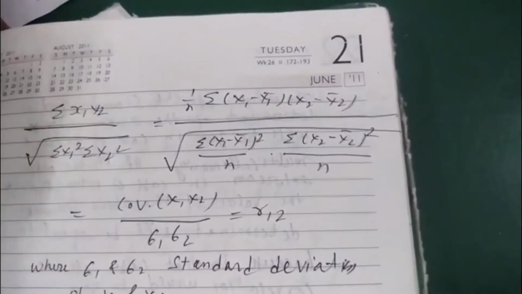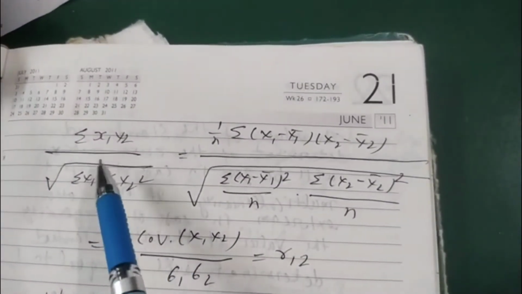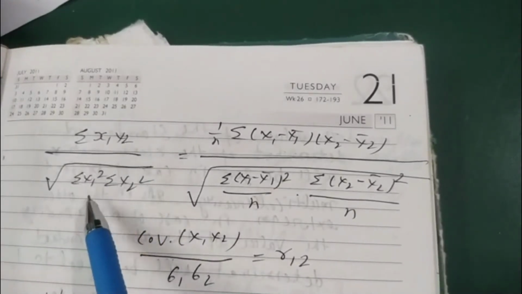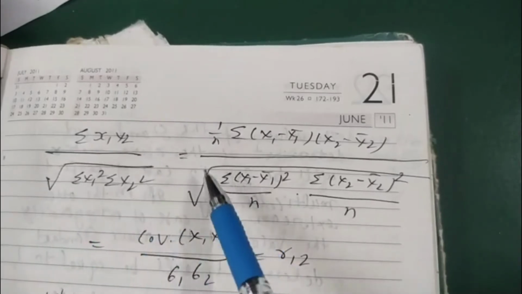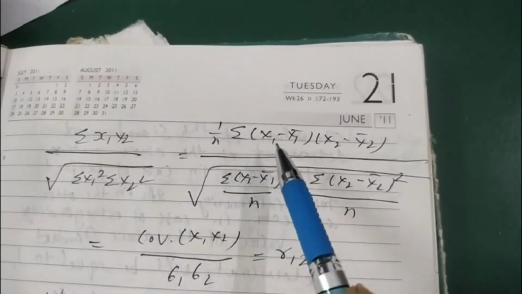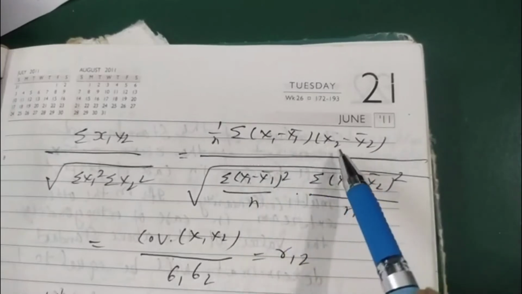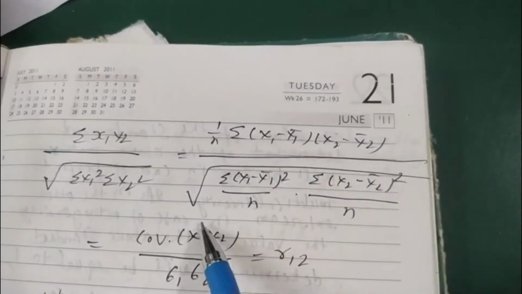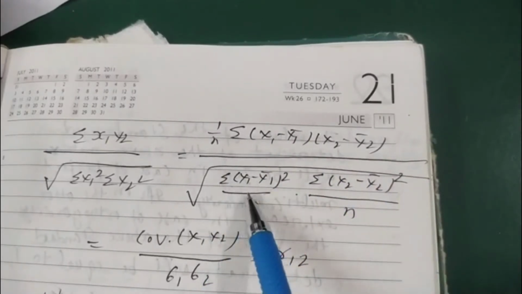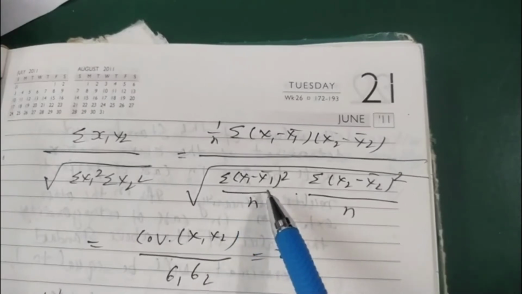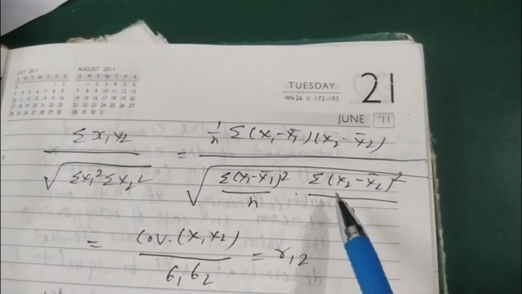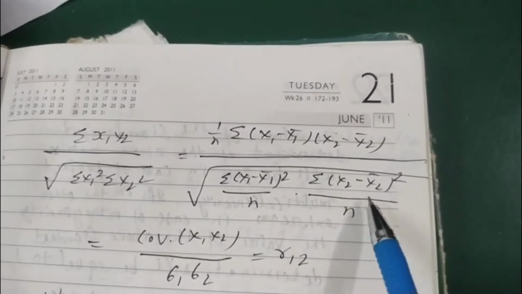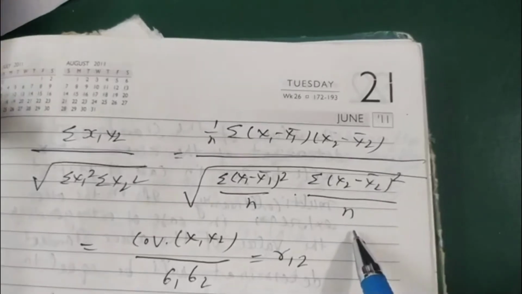Sigma x1 x2 divided by the square root of sigma x1 square and sigma x2 square equals 1 upon n sigma (x1 minus x1 bar)(x2 minus x2 bar), the covariance, over the square root of the variance of x1, sigma (x1 minus x1 bar) whole square upon n, and the variance of x2, sigma (x2 minus x2 bar) whole square upon n.